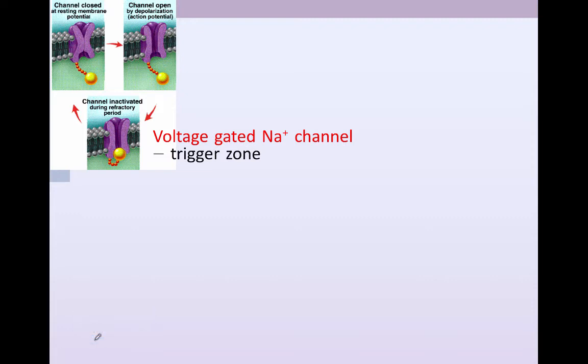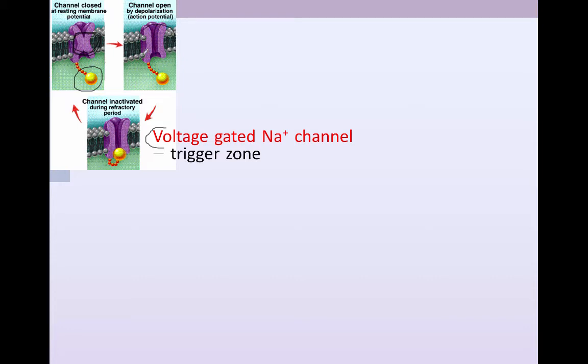And here you can see a really important protein channel. This is referred to as a voltage-gated sodium channel. And that's because a change in voltage across the membrane can open it up. The voltage-gated sodium channel is important. It has both an activation gate, which you can see here is closed when the neuron is quiet or at rest. It also has an inactivation gate, which when the neuron is at rest is open.